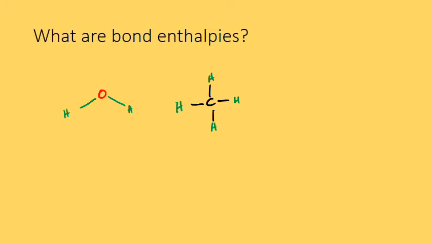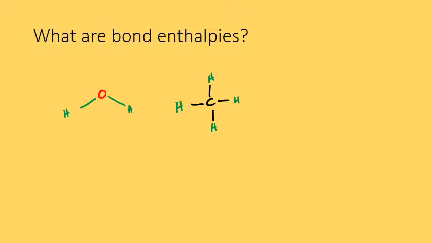In the water molecule we have two covalent bonds between the oxygen and a hydrogen, and in the methane molecule we have four covalent bonds, each a carbon-hydrogen covalent bond. So they're all covalent bonds, but they're of different strengths. Some are stronger than the others.